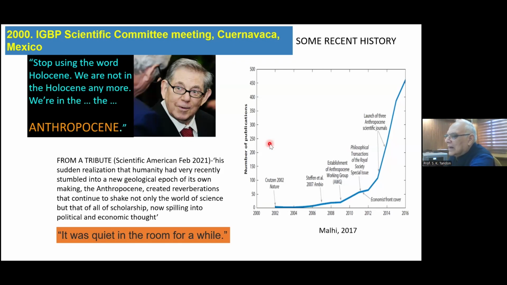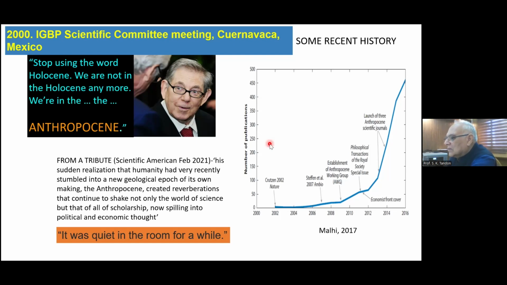And he said at that time, stop using the word Holocene in the meeting. We are not in the Holocene anymore. We are in the Anthropocene. And that is when the popularization began, or resurrection of a concept that was already there.